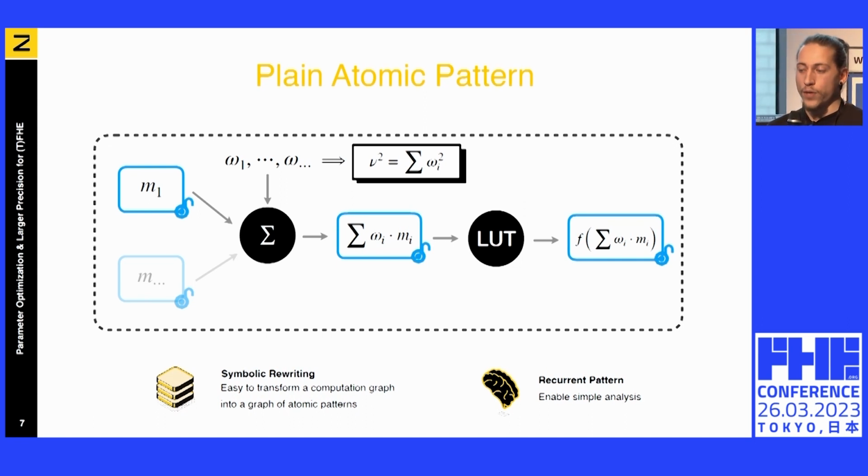And then you have a lookup table. So what's nice with this pattern is that you can rewrite any graph of computation with it and end up with a graph of atomic patterns. And this really simple pattern enables simple analysis, and we are able to look at different ways to translate it into the FHE world.